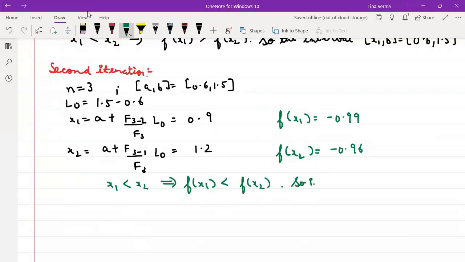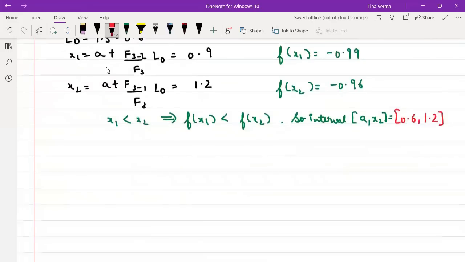So interval in this case will be, कितना निकाला था हमने इंटरवल? a x2, right? अब यहाँ पे a मेरा कितना है? 0.6 and x2 is my 1.2. Clear?